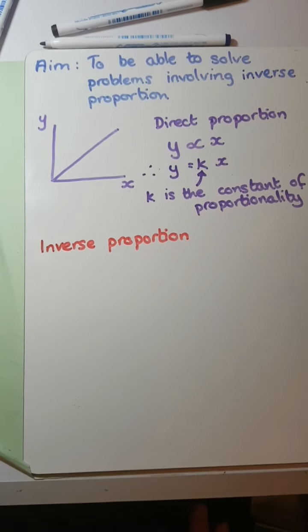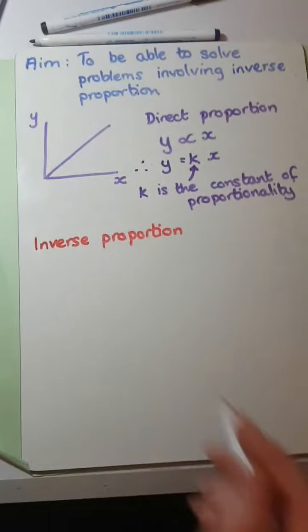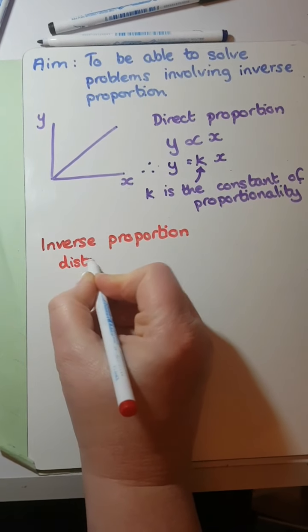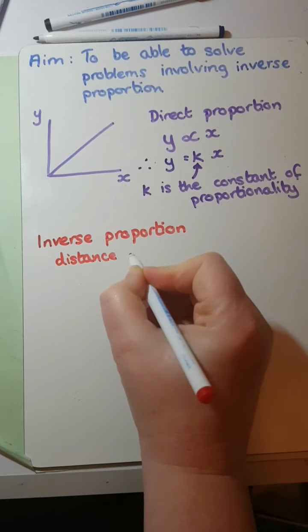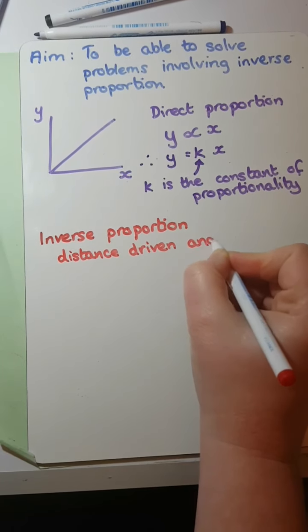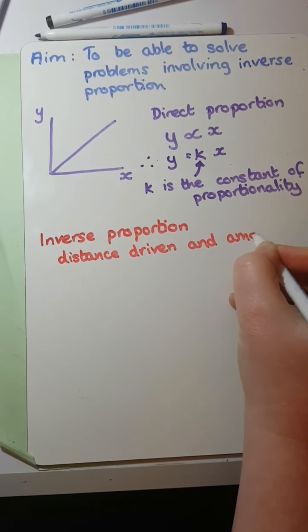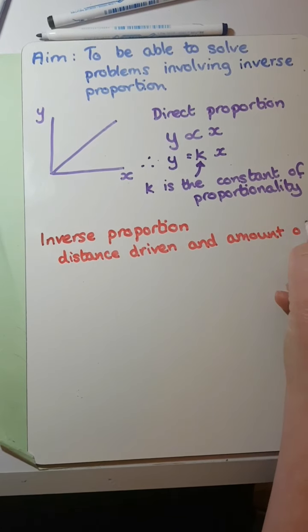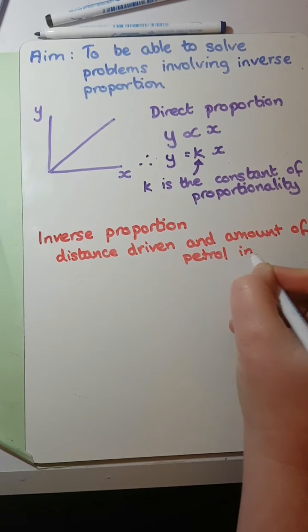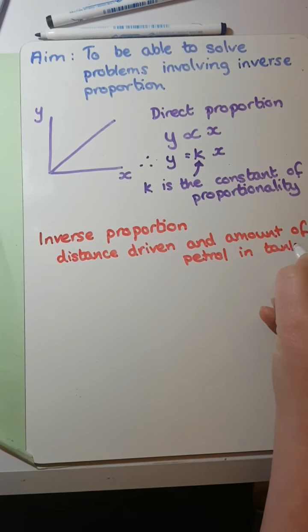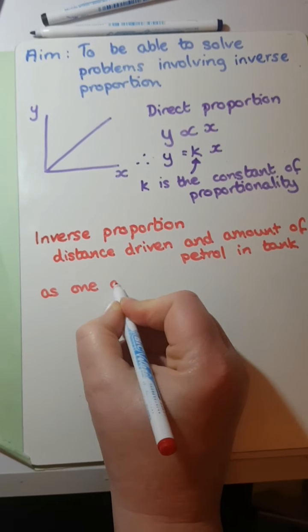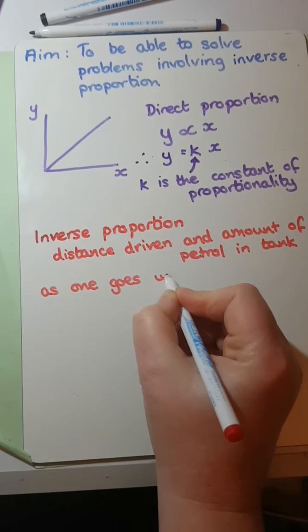So, for example, that might be the distance driven and the amount of petrol in the tank. As one goes up, the other goes down.